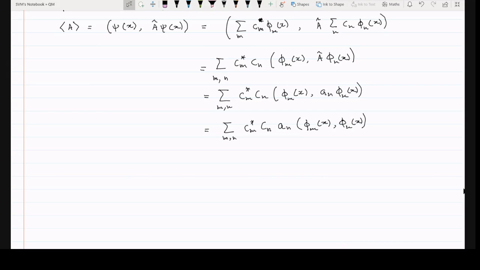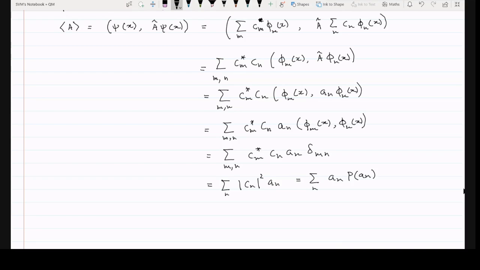This is an orthonormal basis, so that will be equal to the sum over m comma n of Cm star Cn an into delta mn. So of the summation, only when m is equal to n will it survive. This implies I have the sum over n of modulus of Cn squared into an. But what is this quantity? This quantity is essentially the sum over n of an into the probability of an. So this is the definition of statistical average.